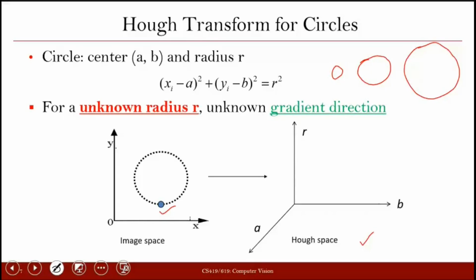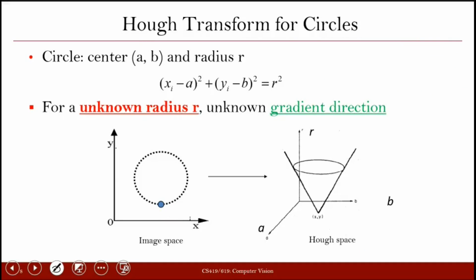So in the Hough space, when you are plotting all possible parameter values by considering A, B, and R as variables, this collectively will actually look like a cone. So it will be like a cone. For a particular xy that you consider from here, this plot for possible values of A, B, and R will look like a cone.